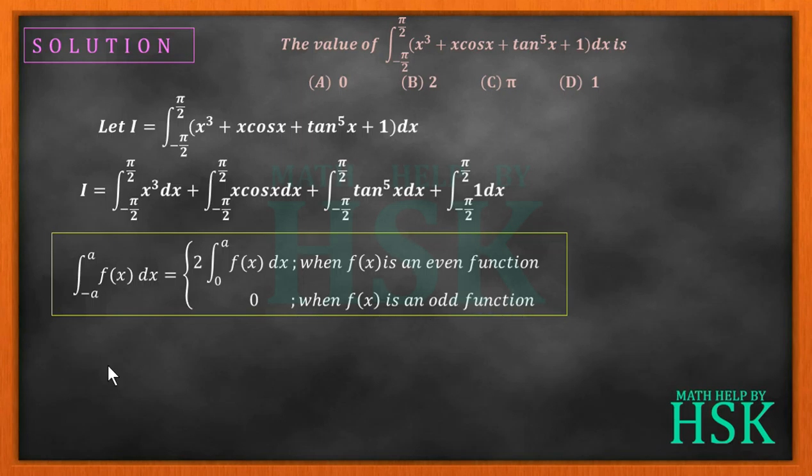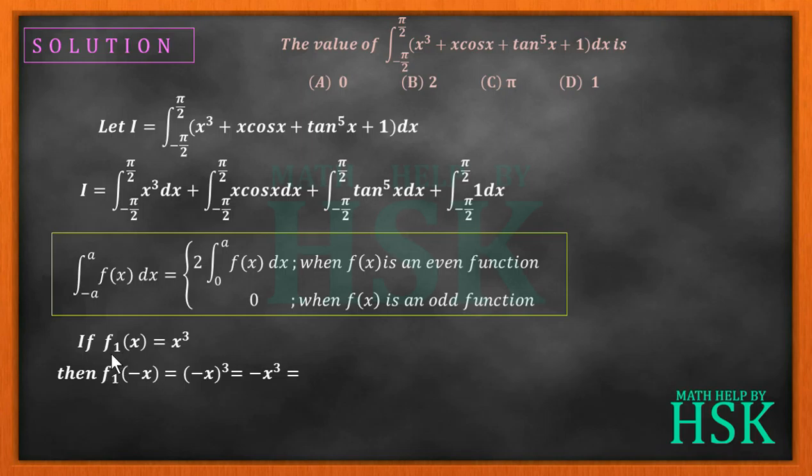Now for the first definite integral, x cubed dx from minus pi by 2 to pi by 2, I take f1(x) is equal to x cubed. If I calculate the value of f1 of minus x, this will be equal to minus x whole cube, and on solving I get minus x cube.